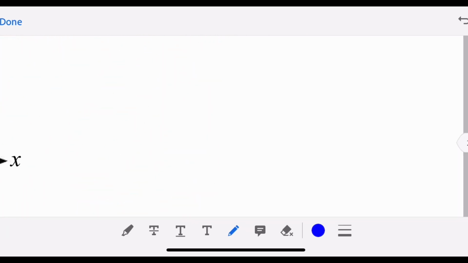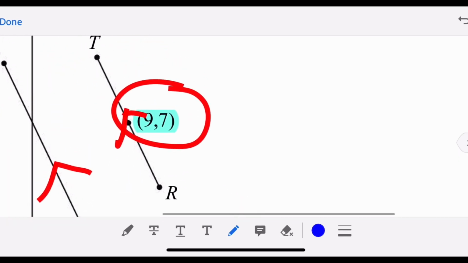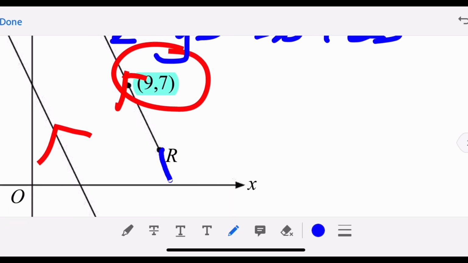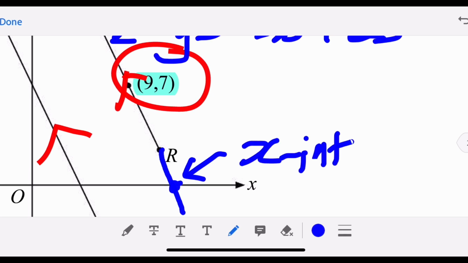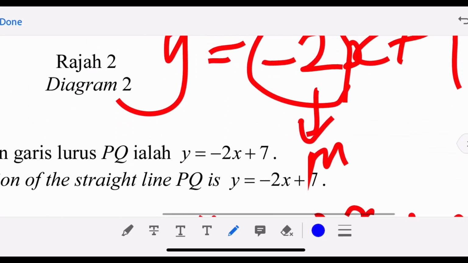Let's have a look at the diagram. So you have the equation of TR with the point (9, 7), and for this equation, if you extend the line until it cuts the x-axis, the point where it cuts the x-axis, the x-coordinate is called the x-intercept. Alright, so at that point, basically y is 0 because it lies on the x-axis.